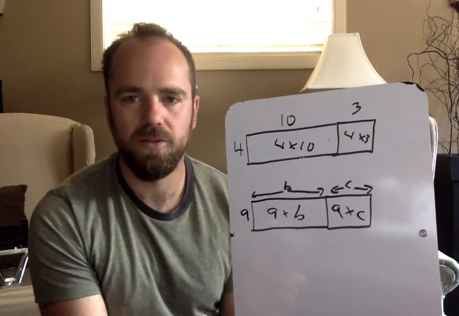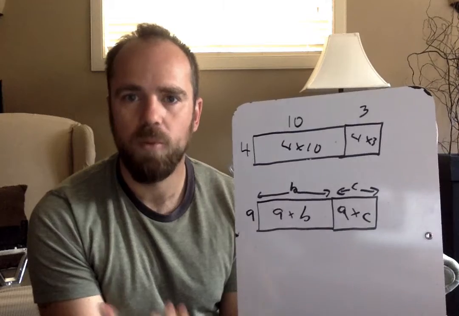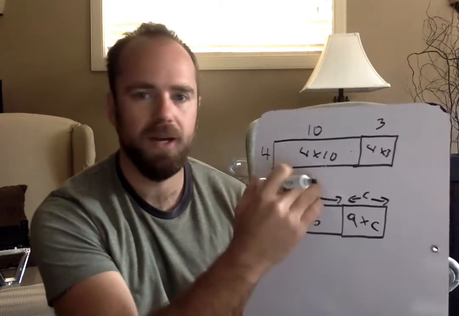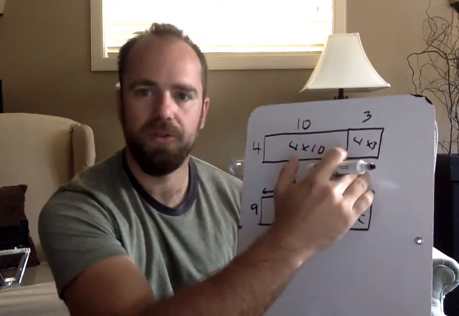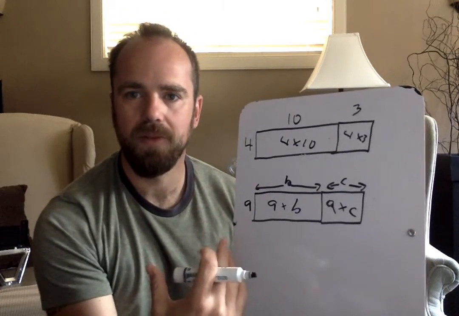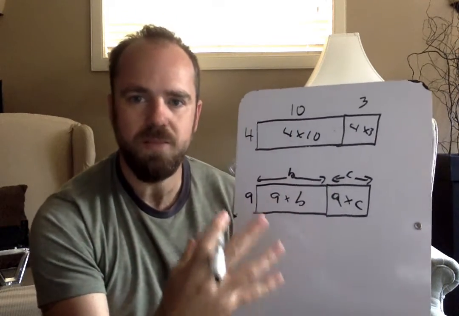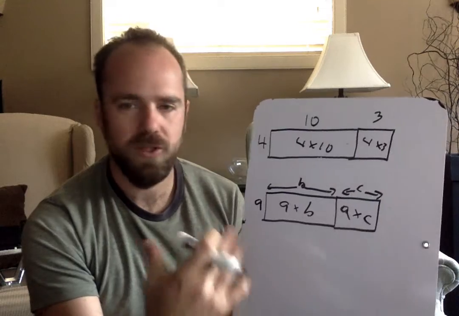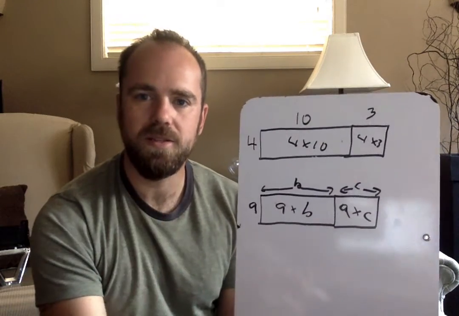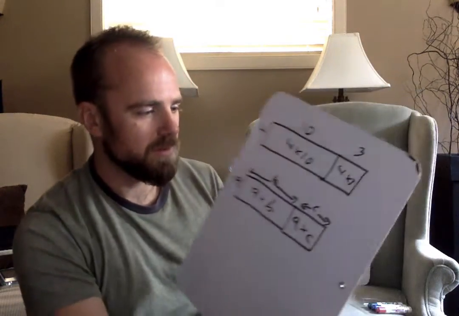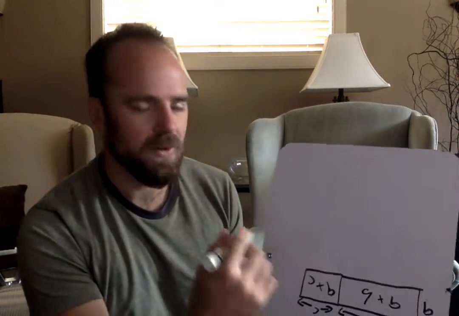No one really likes to do 4 times 13 in their head, but what is a lot easier is doing 4 times 10, and then 4 times 3, and then adding them together. So we're just trying to simplify things a little bit, and break it down into its easier components to use.